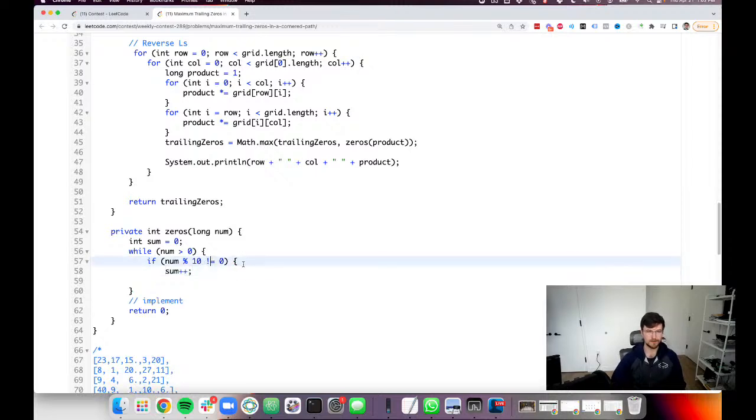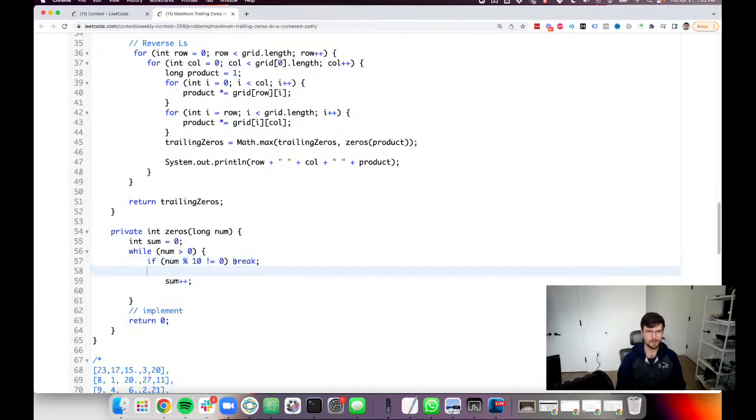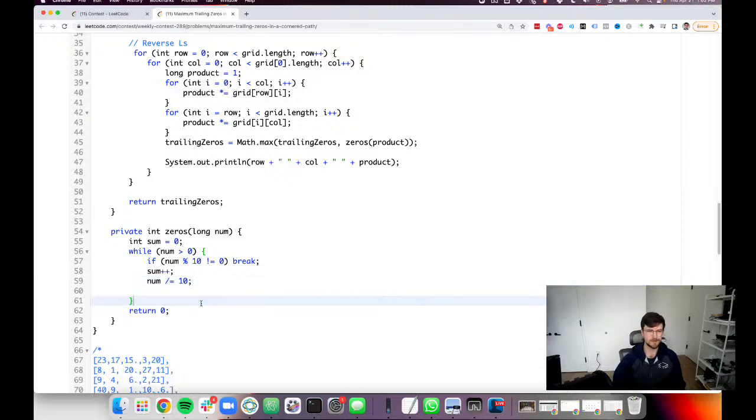Or I can say if it's not equal to 0, break, else we're going to do sum plus plus and num divided by equals 10, right? And then we just return the sum.